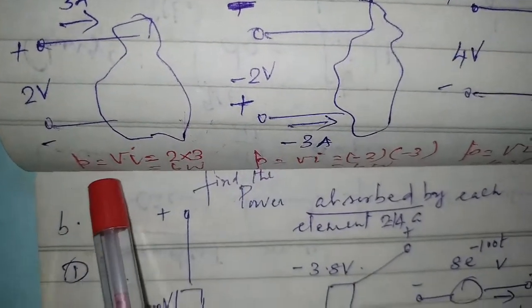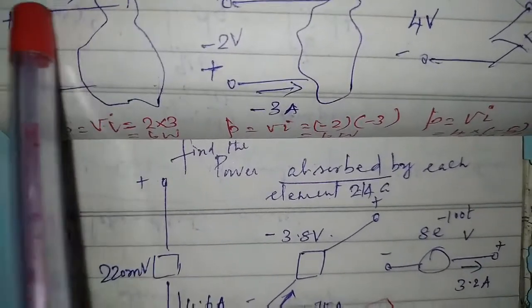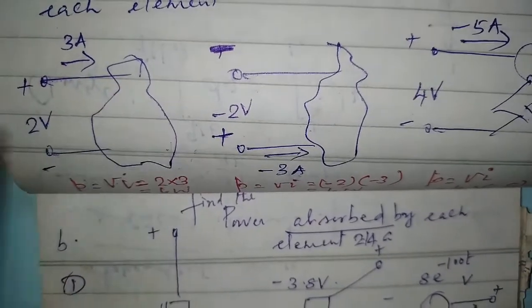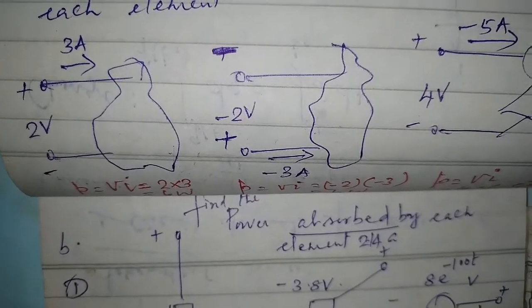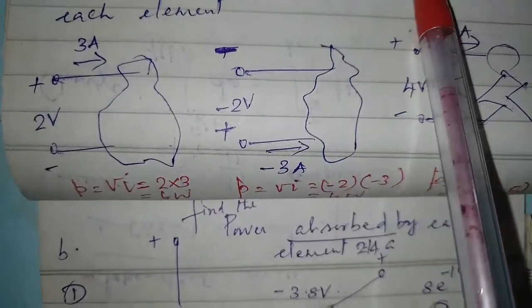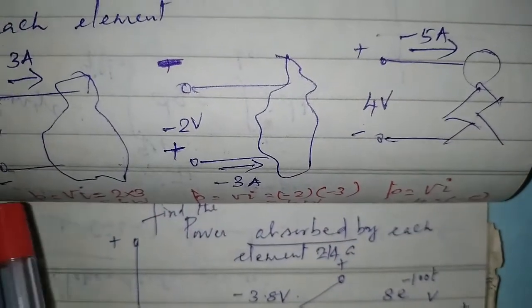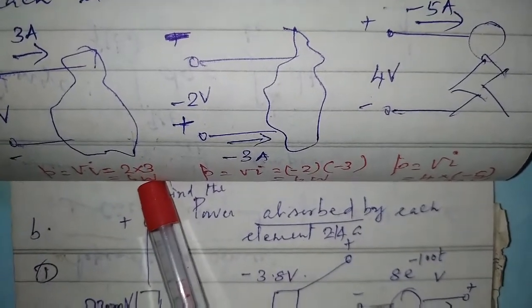Now see, power is nothing but simply the product, because passive sign convention dictates if the current enters through the terminal marked positive, power absorbed is nothing but a simple product. What we are asked to calculate? Absorbed power only by each and every element of these 3 elements, right? Simple product is 6 watts.